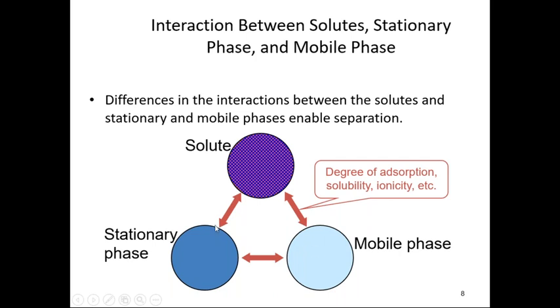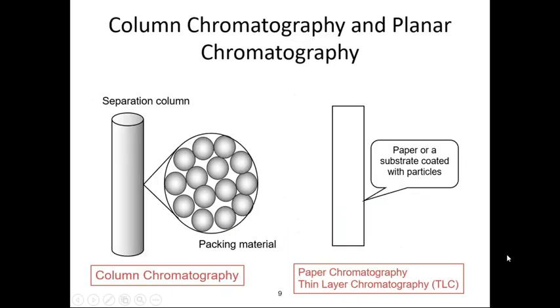So this differential interaction of the analyte with the stationary phase and the mobile phase is the one which leads to the separation, and analytes can be analyzed. Now, as we go along, we will see what are these properties, or what are the forces of attraction between the solute and the stationary phase, and the solute or the analyte and the mobile phase.